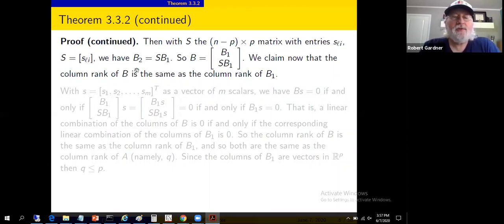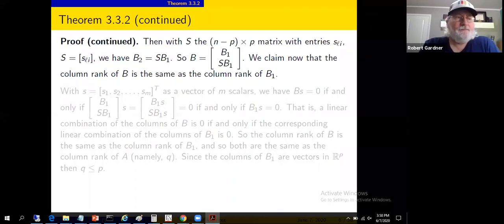All right, so what we're going to do is take this matrix S and multiply it by matrix B sub 1. By multiplying matrix B sub 1 on the left by this matrix S, we're getting linear combinations of the rows of B sub 1, and we're using the appropriate coefficients to produce the rows of B sub 2. So we get the matrix relationship B sub 2 equals S B sub 1.